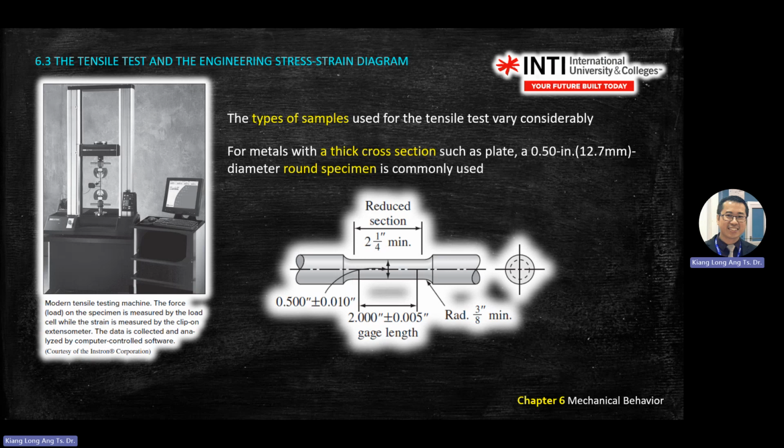The standard already fixes the length, so that when tests are done around the world, you can make comparisons because you are comparing the same dimensions of the sample. The same applies to other experiments that you need to do for other modules.